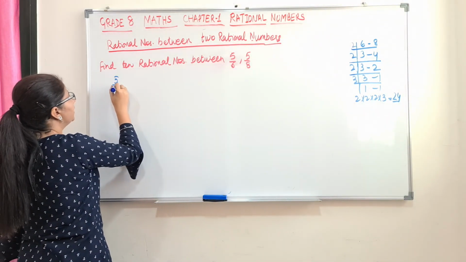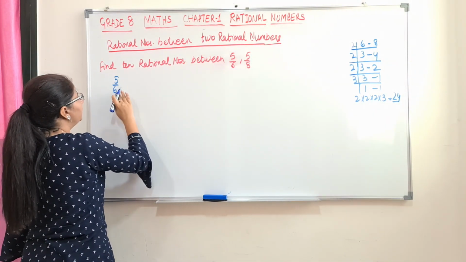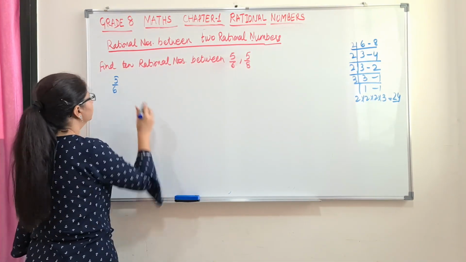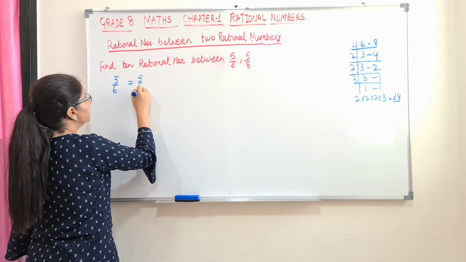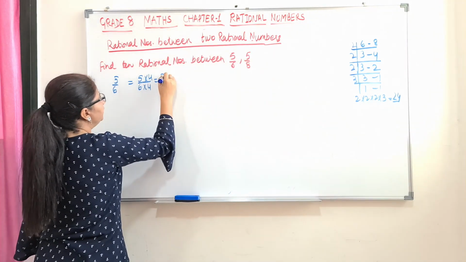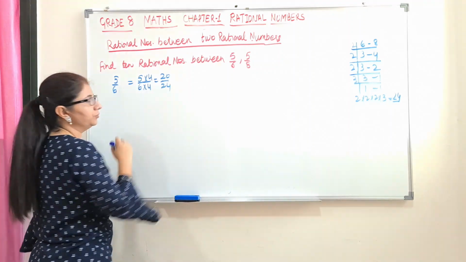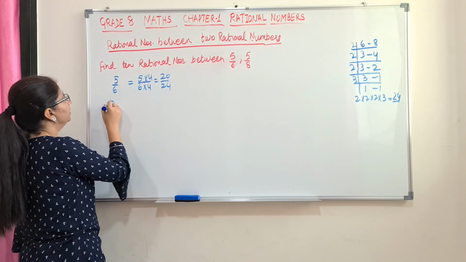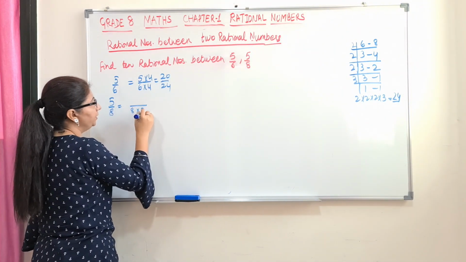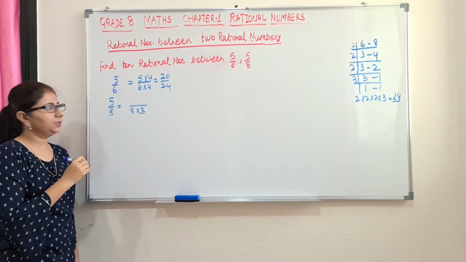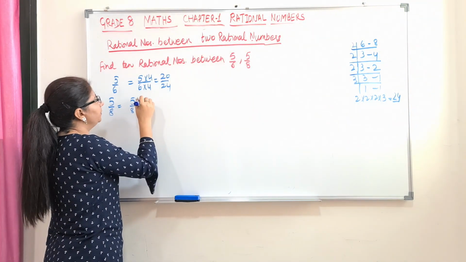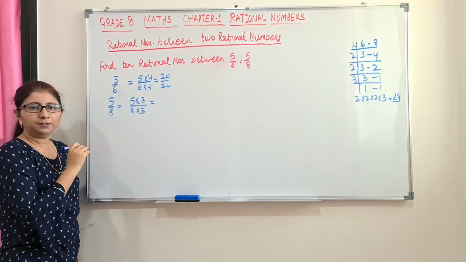Now we will convert our numbers into the same denominator, 24. So the first number is 5 by 6. We will multiply this with 4 to make it 24. So 5 by 6 multiplied by 4 over 4, we will get 20 over 24. What is my next number? 5 by 8. We will also make this 24. So we need to multiply this with 3 because 8 into 3 will give me 24. The same number should be multiplied with the numerator as well.